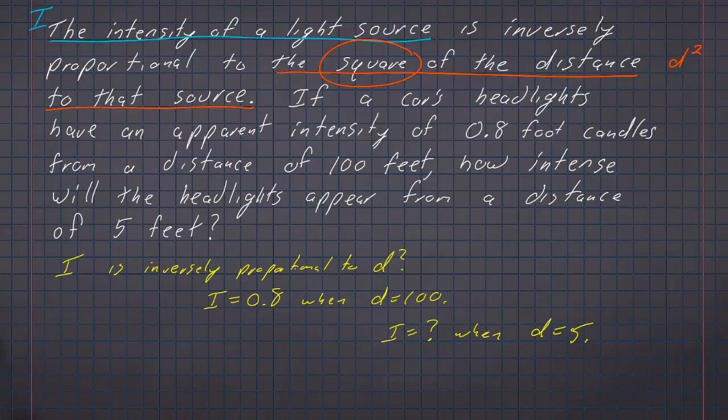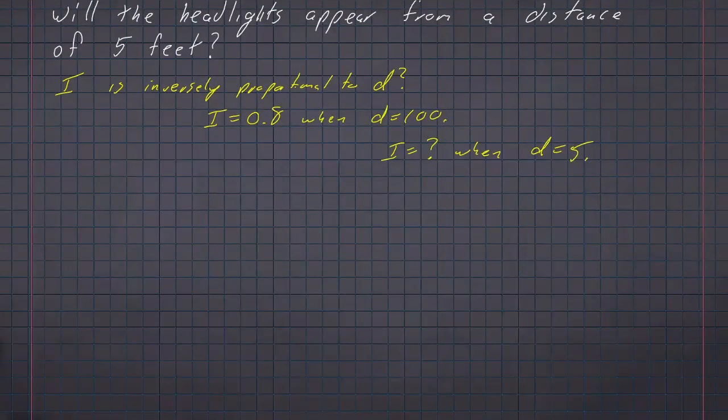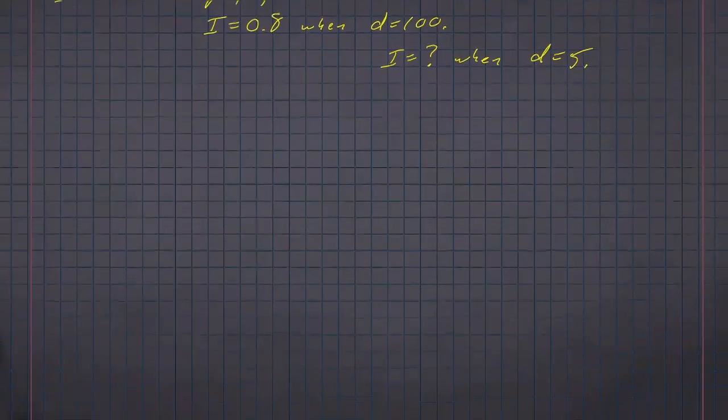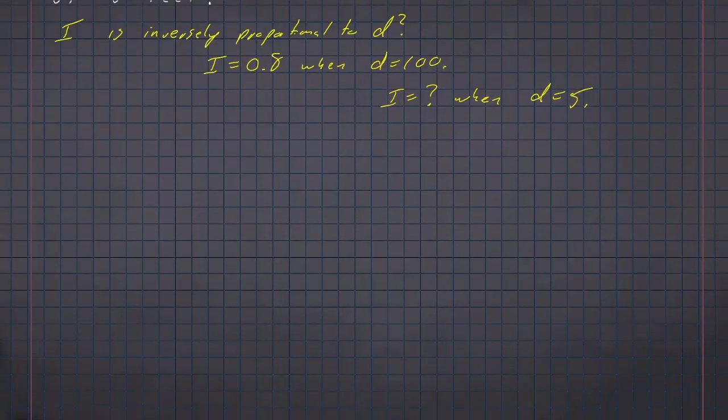So I is inversely proportional to d squared. Having written down those pieces of information, we don't need the paragraph of text anymore, although I do need the first line. Forgive the wiggling as I scroll back up just a little bit. All right, I is inversely proportional to d squared.